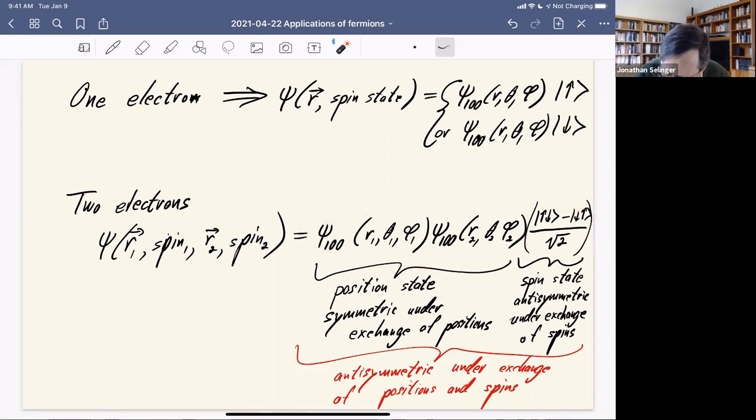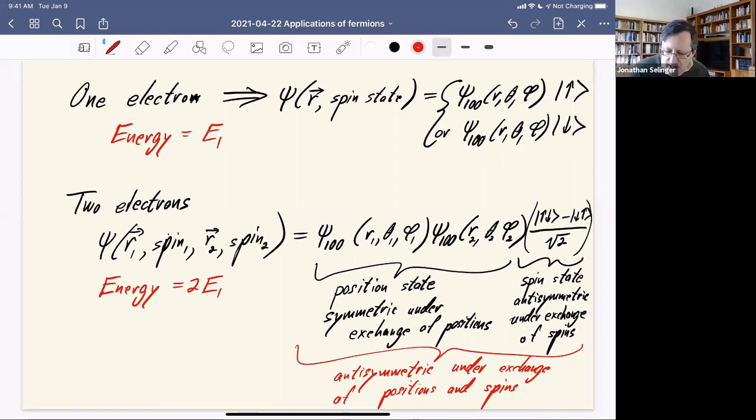And so here the energy is 2 times E sub 1, right? Here its energy is E sub 1.